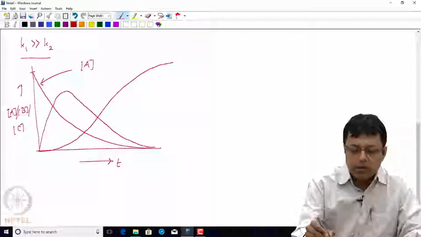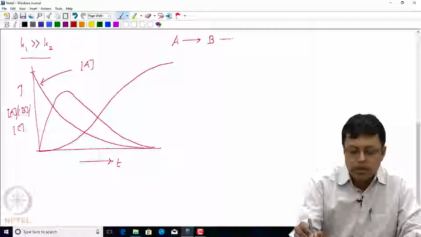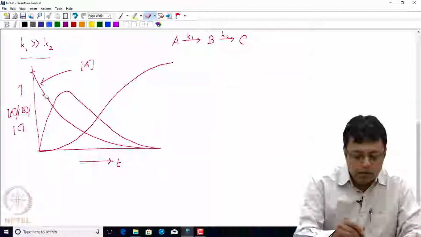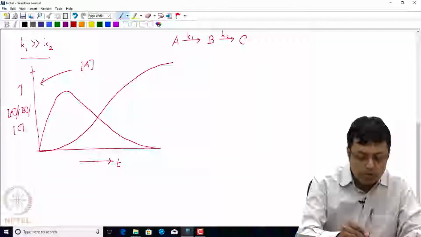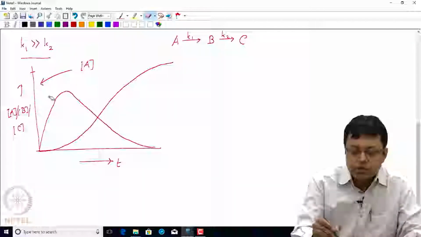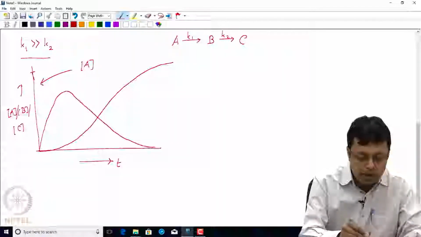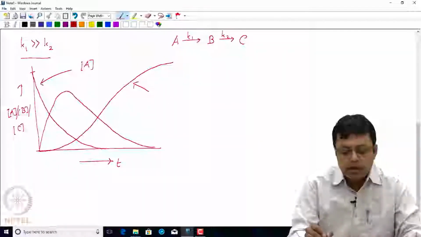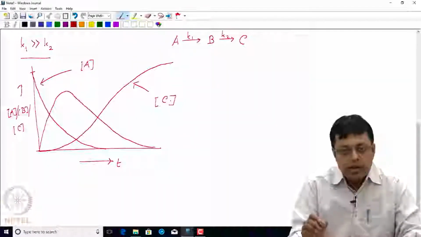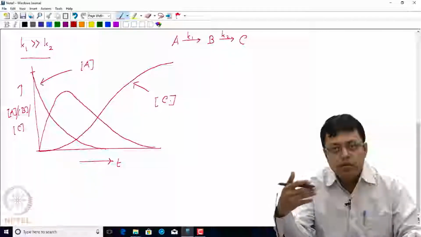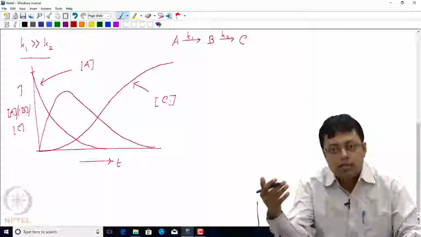As you see, the reaction goes via A going to B and then going to C. Since K1 is much faster than K2, first A will decompose into B very quickly because it is forming B at a much higher rate than B is forming C. So, the appearance of C happens at a much later time, and in between, as A is converted into B, B is also converting to C but at a much lower rate.